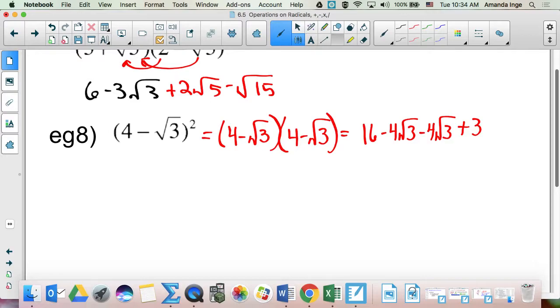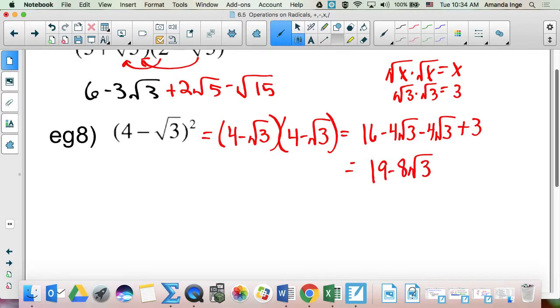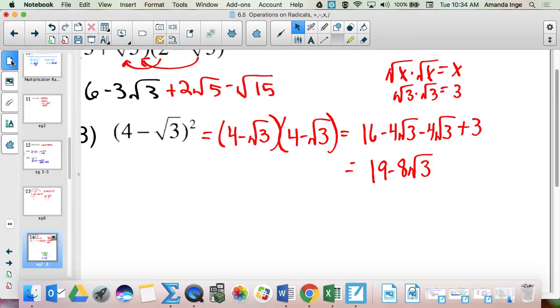Because the square root of 3 times the square root of 3 is 3, just like the square root of x times the square root of x is equal to x. So the square root of 3 times the square root of 3 is equal to 3. So we get 19 minus 8 square roots of 3. Everybody good? Not yet.